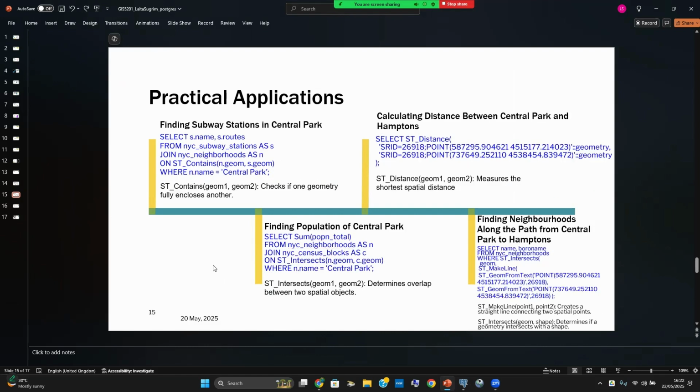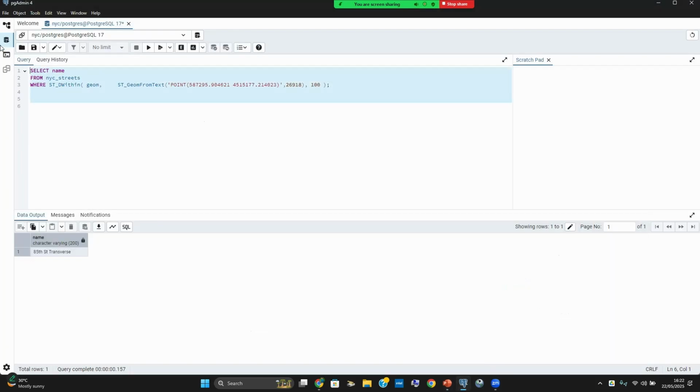We have some more here. So we want to find subway stations in the Central Park neighborhood. What we're seeing here, we're using the contain function, and it is checking to see if the geometries fully contain each other.